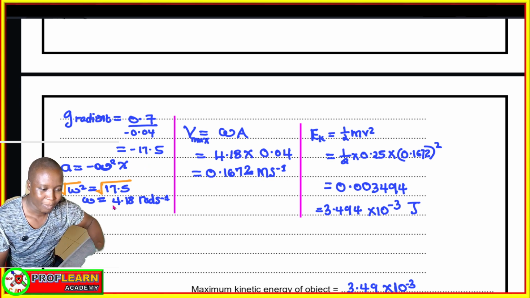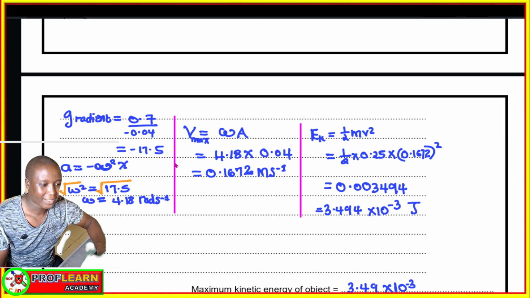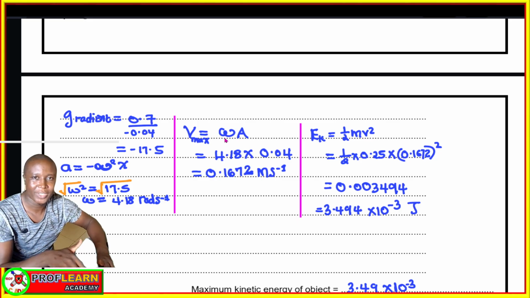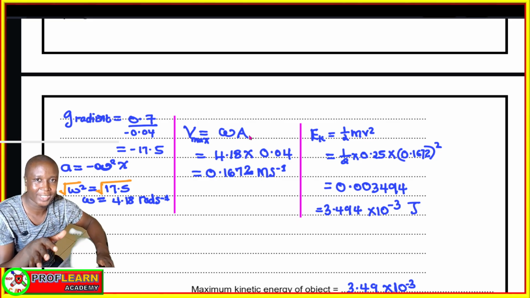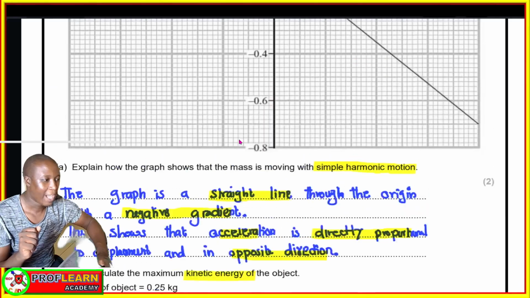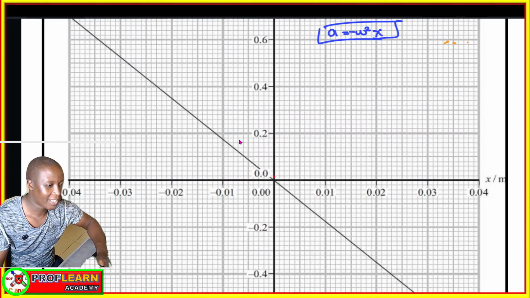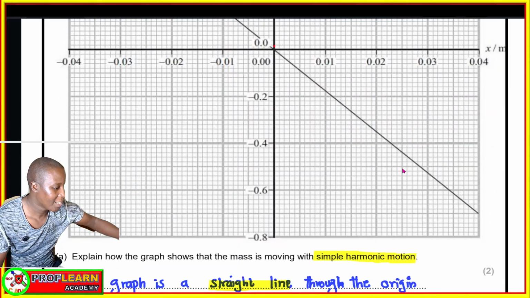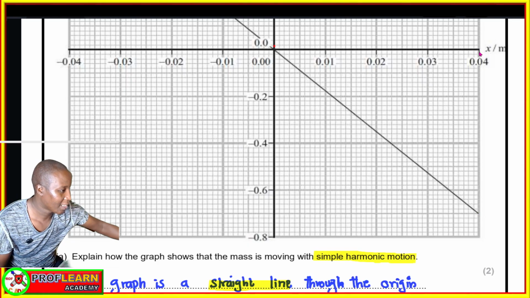Now, you find omega by finding the square root, but remember that maximum speed is equal to angular frequency times the amplitude. For these graphs, you can read the amplitude as the maximum displacement, at this mark.